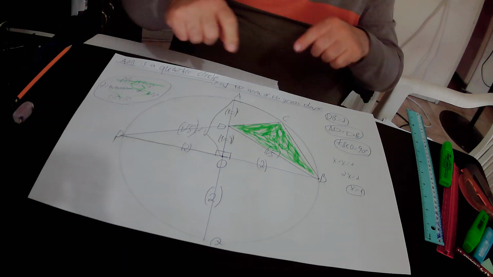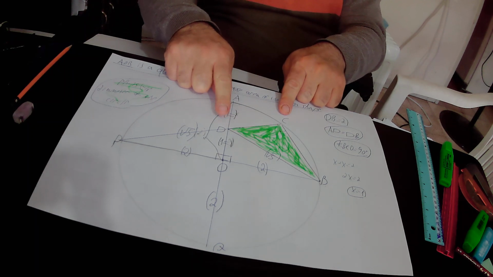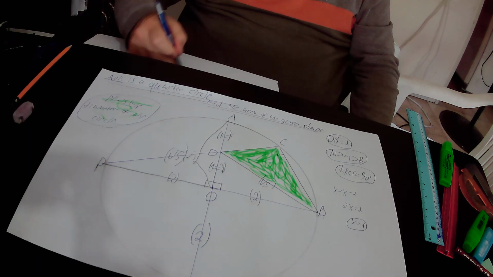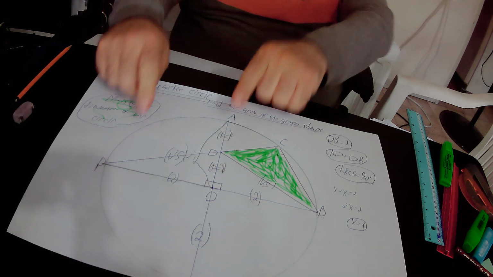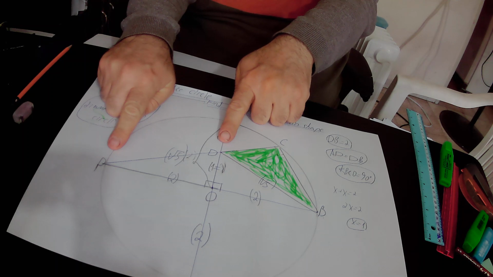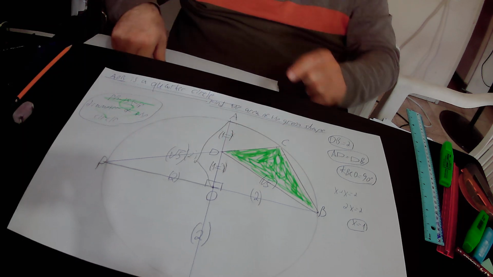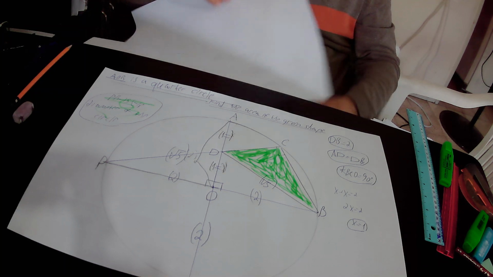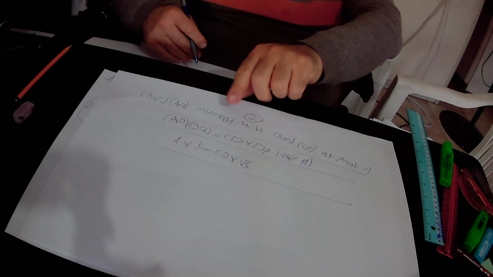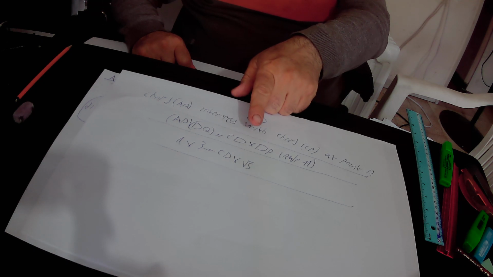And it equals CD. CD is the missing side, so we leave it as it is. Times DP. DP equals the square root of 5 units. So according to rule 11, we found out that 1 times 3 equals CD times the square root of 5.